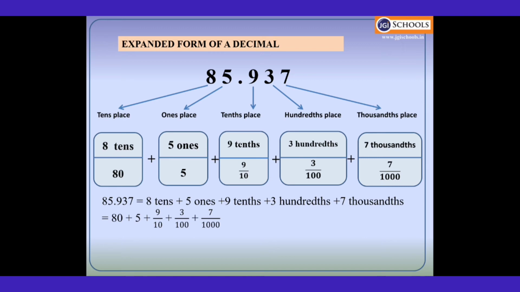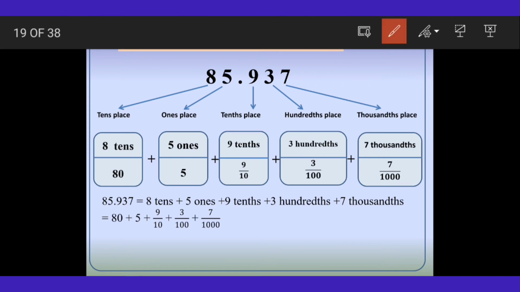Now, what will happen to this 937? We know it is in the tenths place, hundredths place and thousandths place, right? So, we will write them as 8 tens plus 5 ones plus 9 tenths plus 3 hundredths plus 7 thousandths.